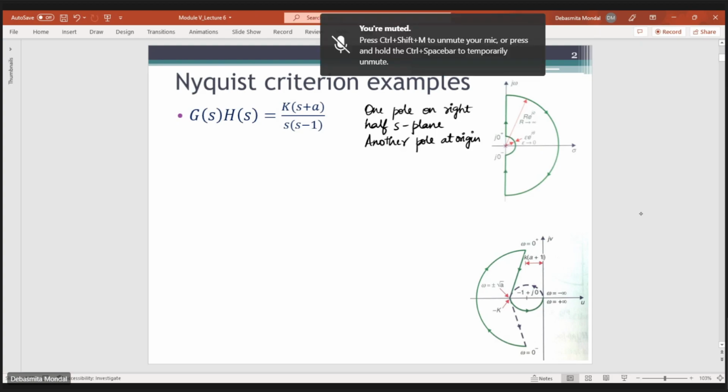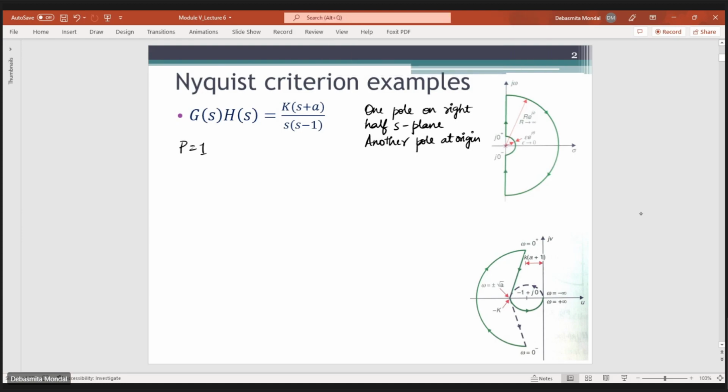That means the value of P is equal to 1, P being the number of poles that are present on the right half of the S plane for the open loop transfer function. So P is equal to 1. And since we have a pole at the origin, we will have to indent the Nyquist contour around this origin or this pole in the anti-clockwise direction. So overall, this will be your Nyquist contour.